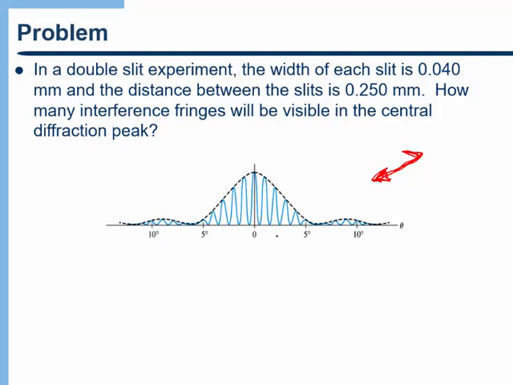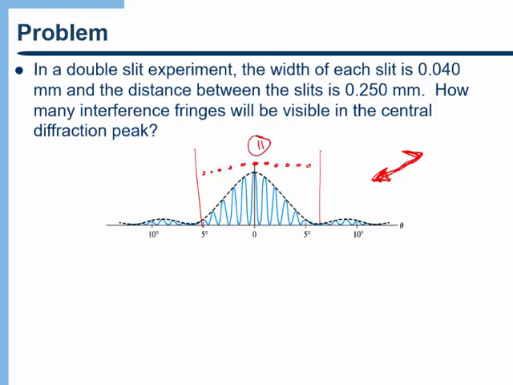Notice that if this were the pattern, we would definitely see the little bright spot there and there and there and there and there and maybe there, and the same thing on that side. And then there would be darkness. So the number of spots within that central diffraction peak would be 1, 2, 3, 4, 5, 6, 7, 8, 9, 10, 11. So there would be 11.